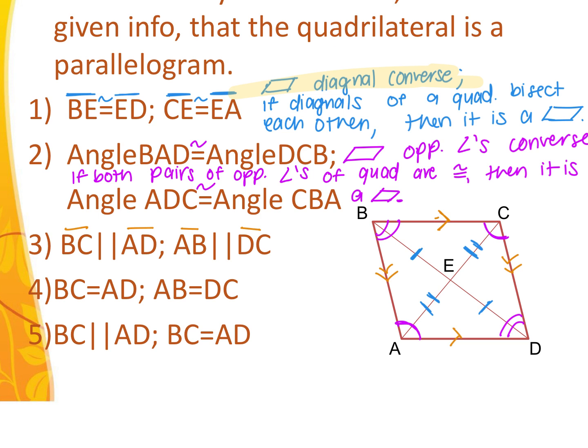This is more of a definition. This is the definition of a parallelogram. That's just the definition of a parallelogram. Opposite sides are parallel. Okay, two pairs of opposite sides are parallel. That's what that one is.